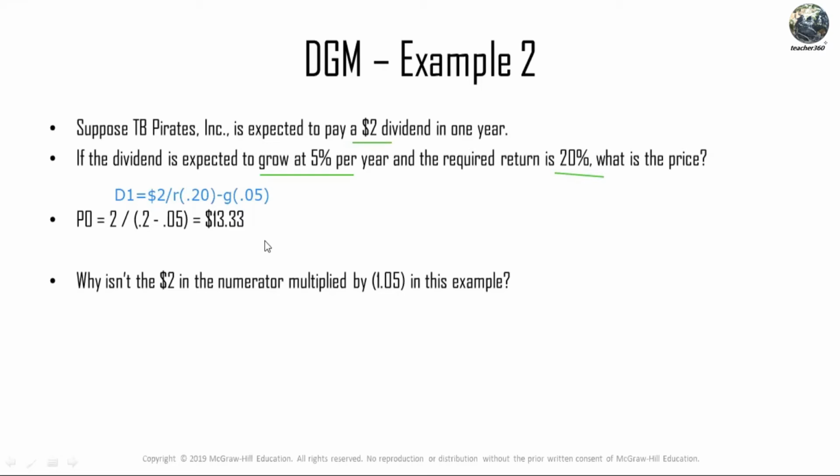In our formula, we have already seen that D0 (1 plus G) divided by R minus G equals D1 by R minus G. So here D1 equals D0 (1 plus G).